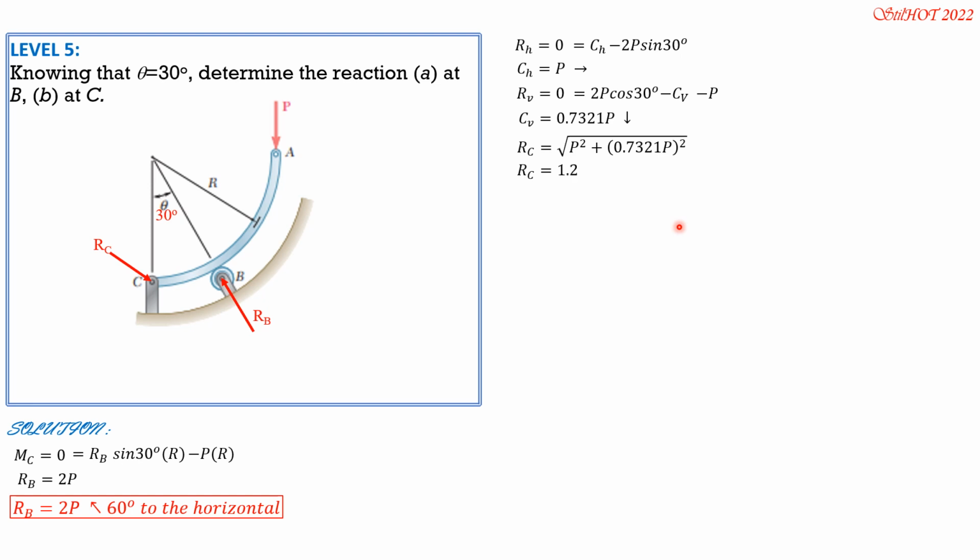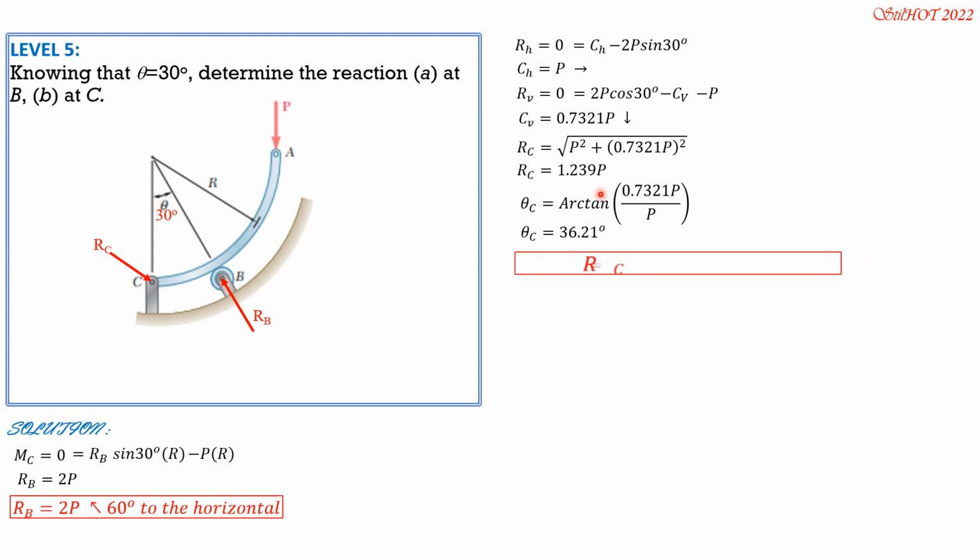So R sub C is 1.239 P. Since this is a reaction and a reaction is a vector, a force, then theta C is arctan of 0.7321 P over P. Cancel out P. So theta C is 36.21 degrees. So therefore, our answer for RC is 1.239 P directed down to the right at 36.21 degrees to the horizontal.